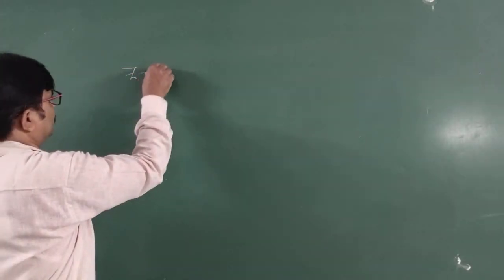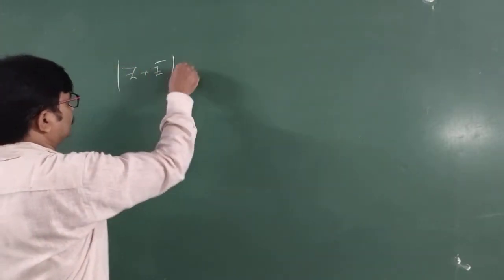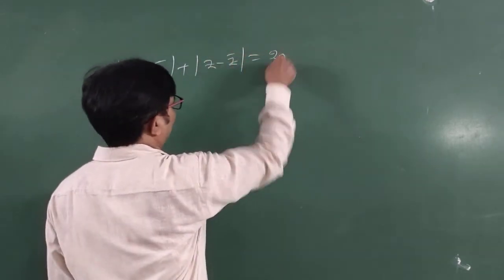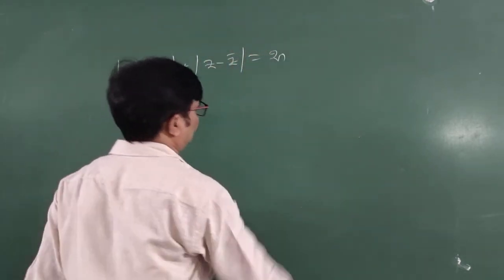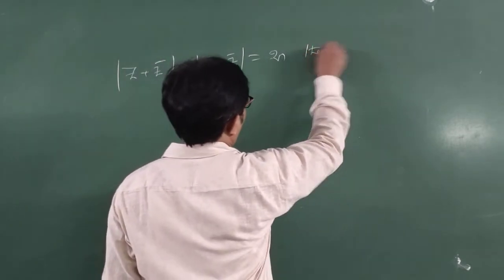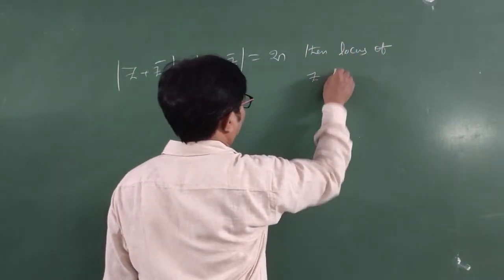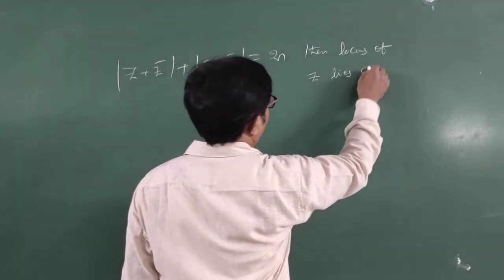Now the very easiest question, students: the z plus z bar, z minus z bar equal to 2, then the locus of z lies on, then the locus of z lies on.